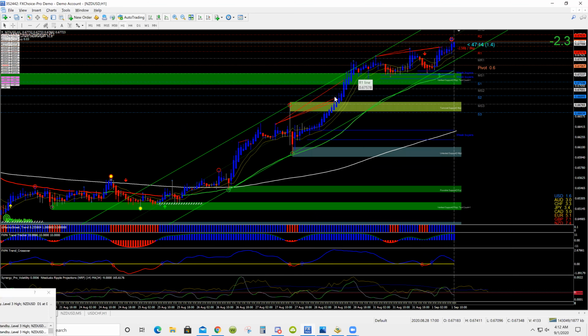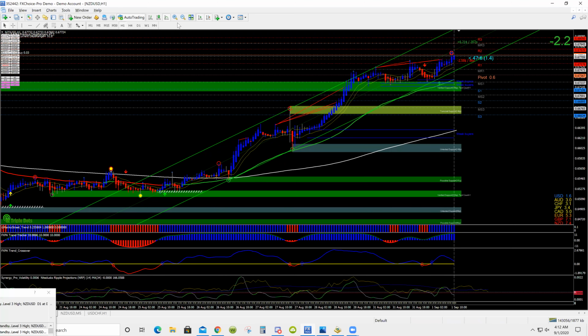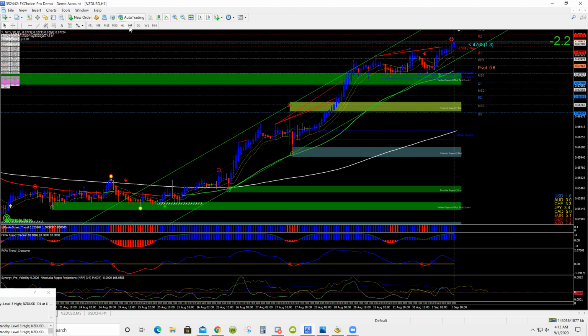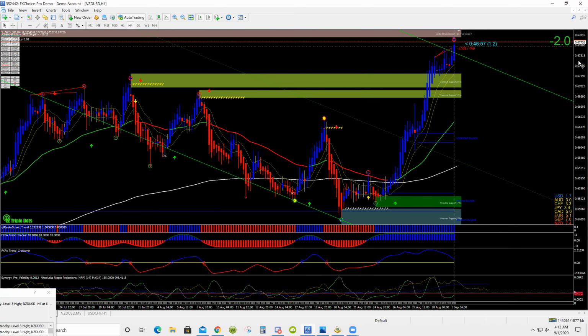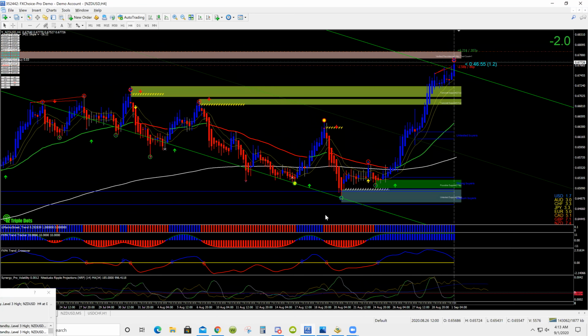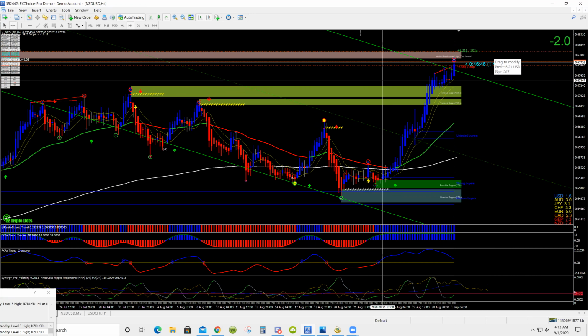Go to the 1 hour time frame. These are the higher highs, higher lows, higher highs, higher lows, and it's getting ready to present its last higher high. And I'm good with that target. Okay, so let me go ahead and put that target there at 0.67950.